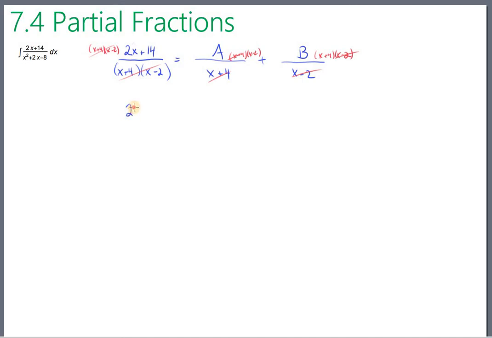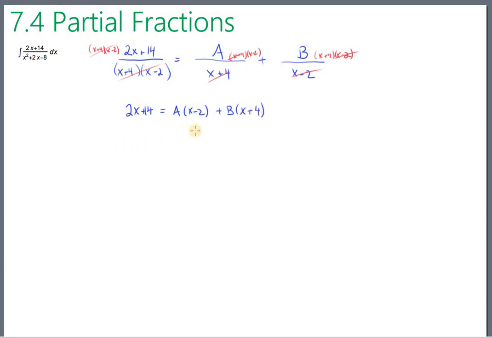I now have 2x plus 14 equals a times x minus 2 plus b times x plus 4.